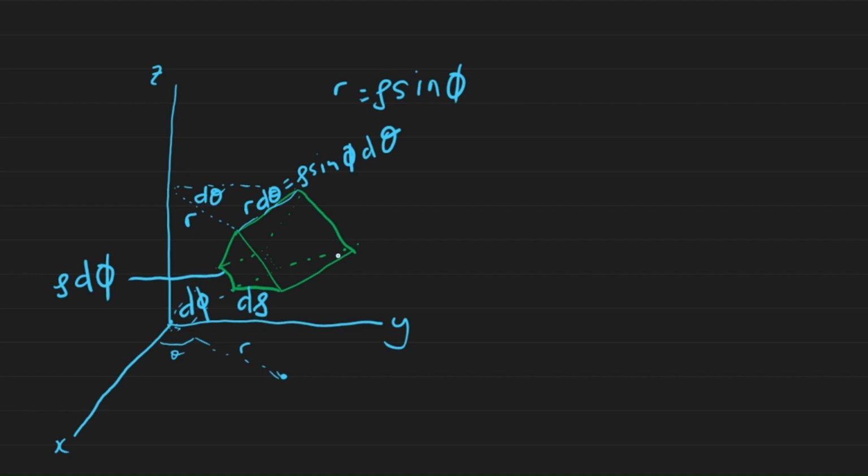So now we have everything to compute our volume element. So dV is equal to, firstly, the length, breadth times height. So firstly we have d rho, multiplied by rho d phi multiplied by the width, which is actually rho sine phi d theta. So I'll just write everything. We have rho multiplied by rho. So we have rho squared.